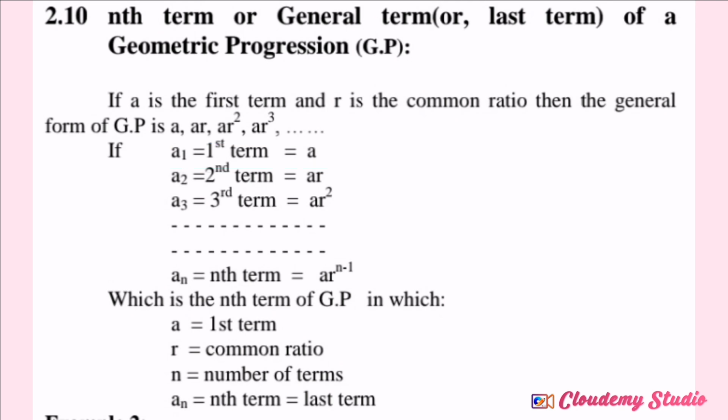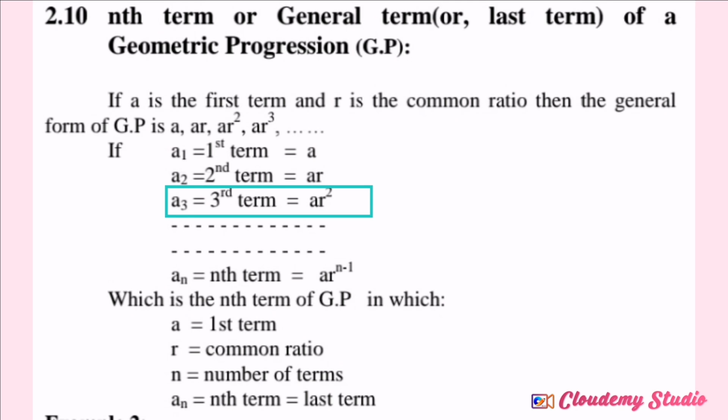The second term a2 is equal to AR. The third term is AR squared, and so on.